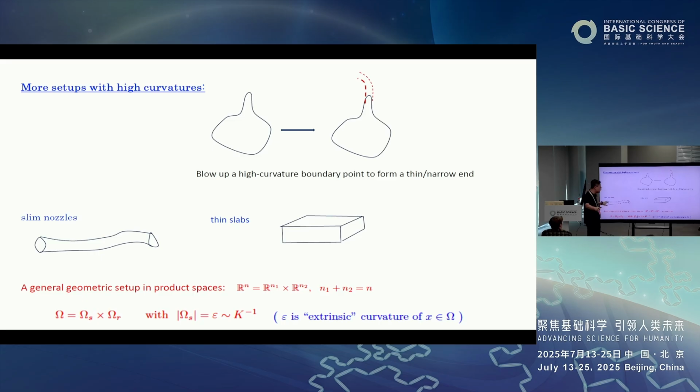In the high-dimensional setup, we get a general geometric setup in the product space. Omega is split into two parts: omega s is a small space, and omega r is the regular part, the regular dimension. In this small part, we got this small parameter epsilon, related to the mean curvature of this opening point here.